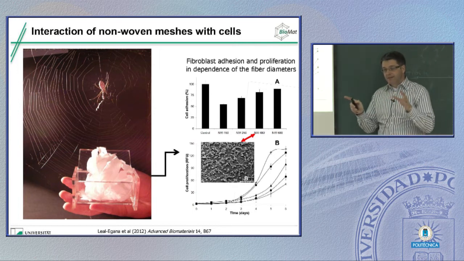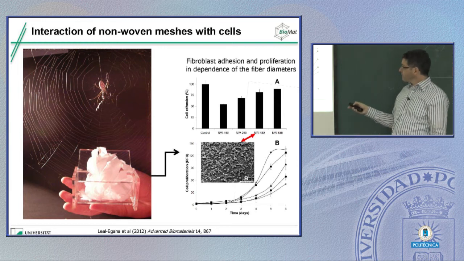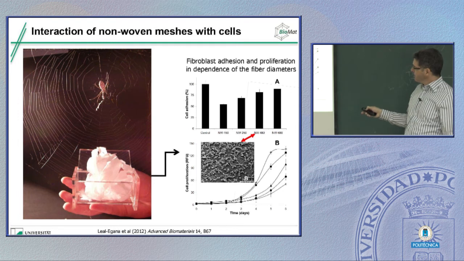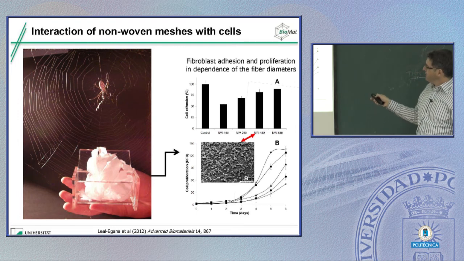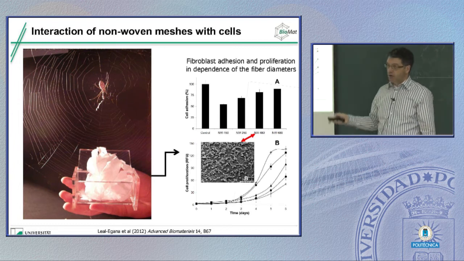This is not necessary for all the materials. You can have materials that do have very good adhesion, but no proliferation, because the cells, although they bind well, they don't like it. But here, that's the positive control again. Here we see that in case of the 700 nanometer nonwovens, we do have also a very good proliferation, which is almost identical to the proliferation on this control plate.